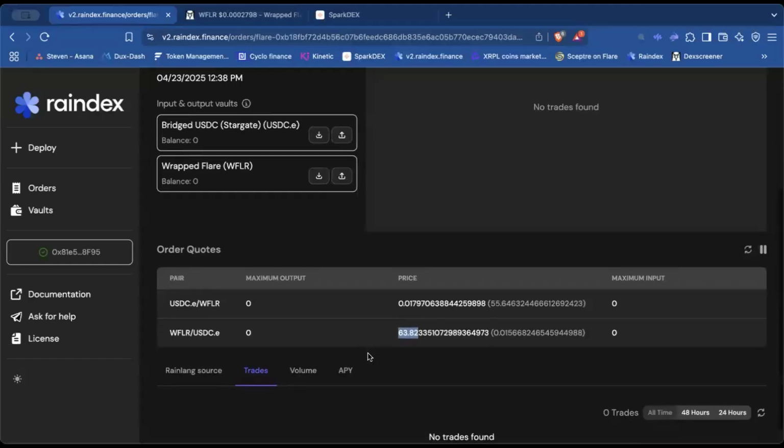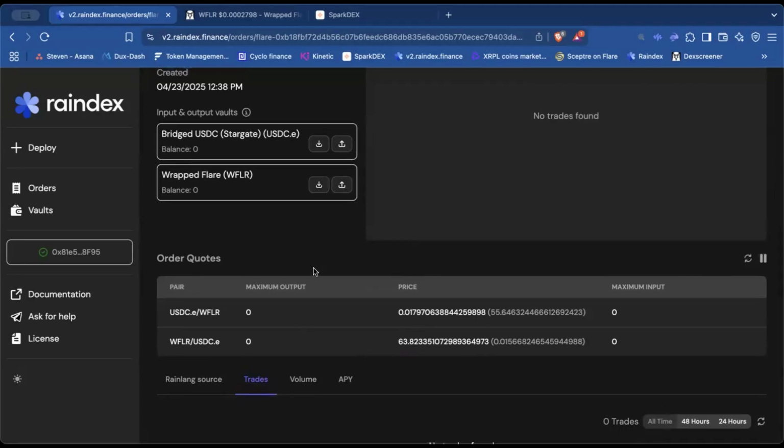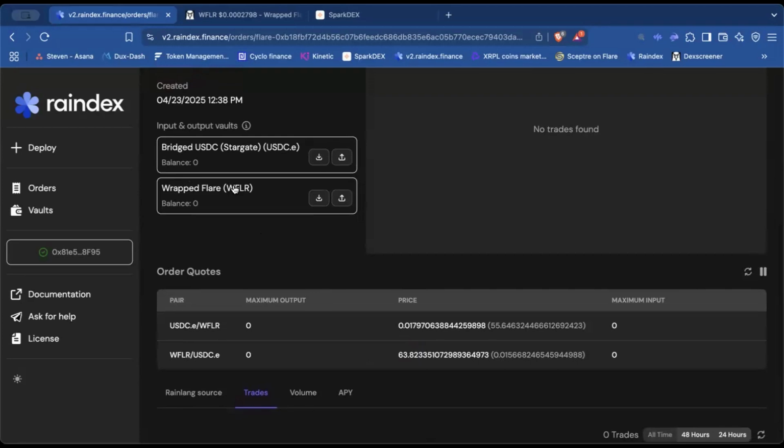All right, so the top one where it says 0.0179, that's the price that we input. And if you inverted it, it would be 55. Where are you at? 0.0179. Where is that? There you go. Oh, right there. Okay. So the price you're getting, how many USDC you're getting per wrapped Flare, is 0.0179.